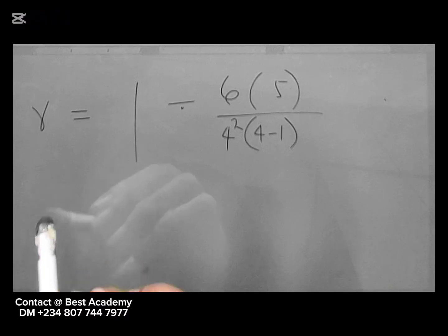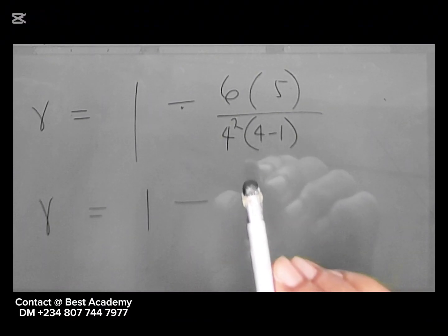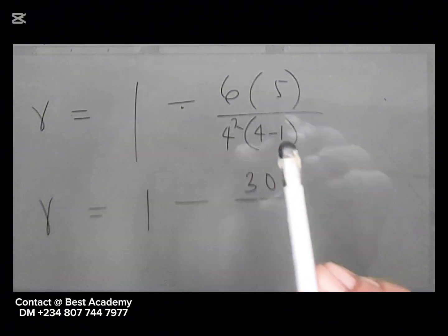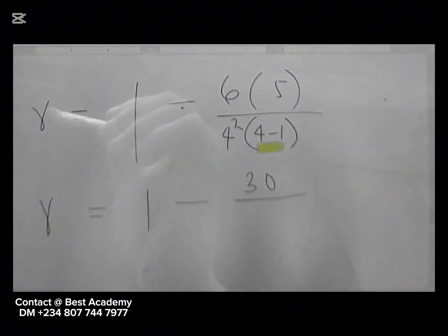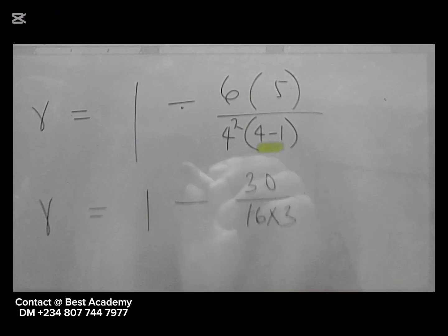So the next step is to simplify. R will be equal to 1 minus 30 divided by, now in mathematics we simplify what is inside first before the outside. So this is going to be 16 times 3. Let's get the value of 16 multiplied by 3. 16 times 3 gave us 48.